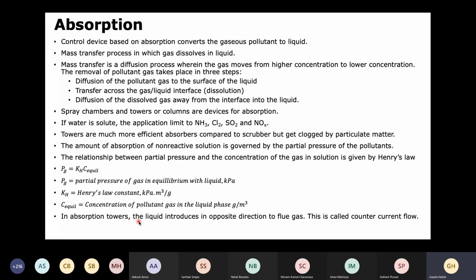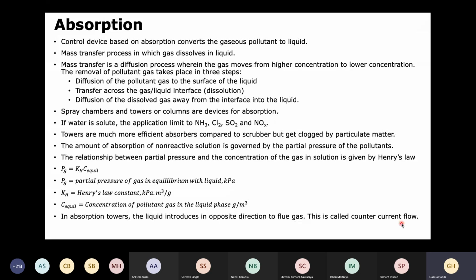In an absorption tower, the liquid is introduced in the opposite direction to the flue gas. This is called counter current flow. This is the general mechanism or operational procedure I have found, even for what I told you about the Venturi scrubber and absorption column.